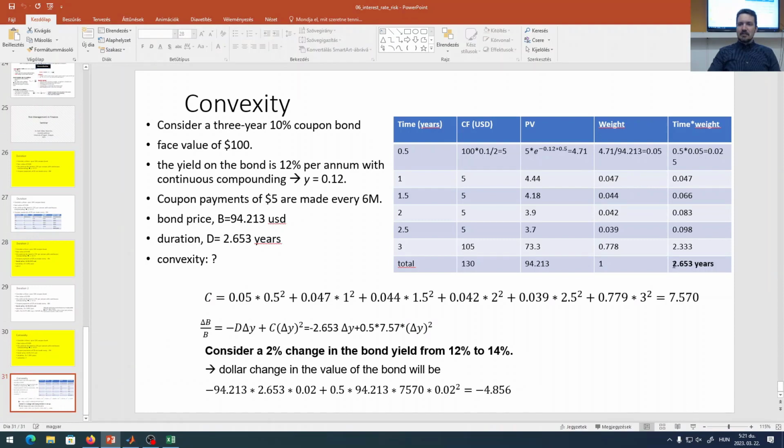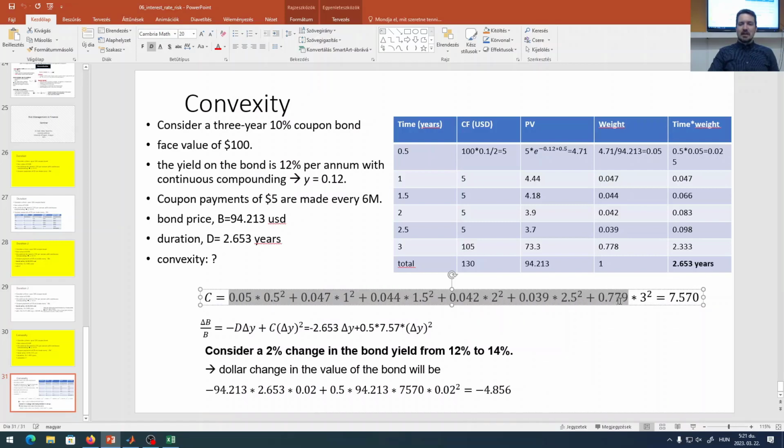So we have the duration, and practically what we need here, yeah, okay, I already copied the equation. What we need here is to express all these things, so to describe this squared relationship between time and payments.